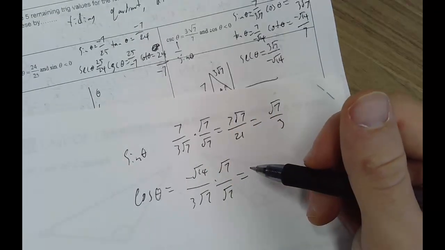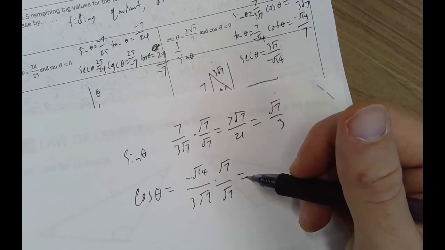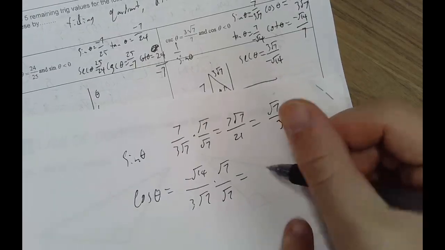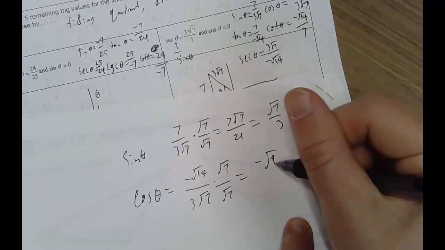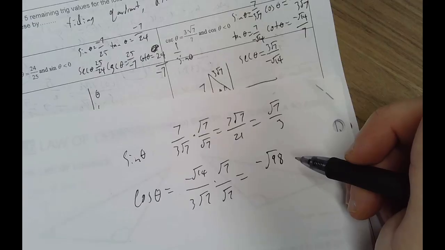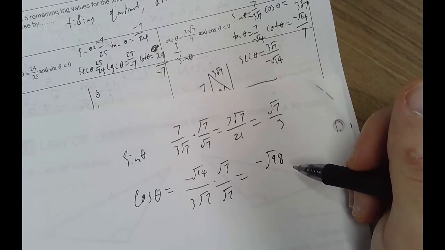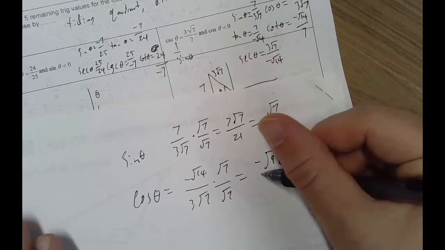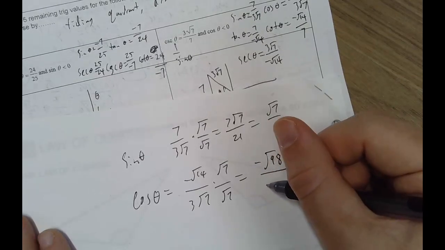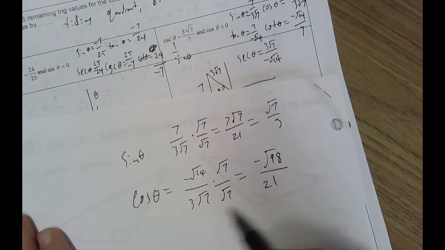That's 14 times 7, root 98, negative root 98 over 21. Root 7 times root 7 is just 7, so 3 times 7 is 21.